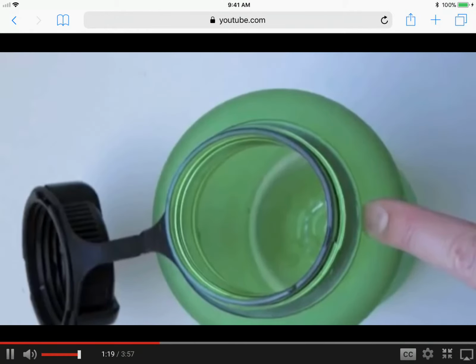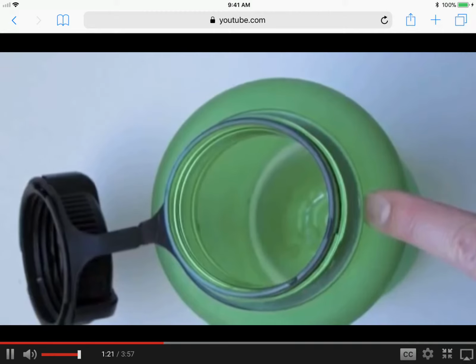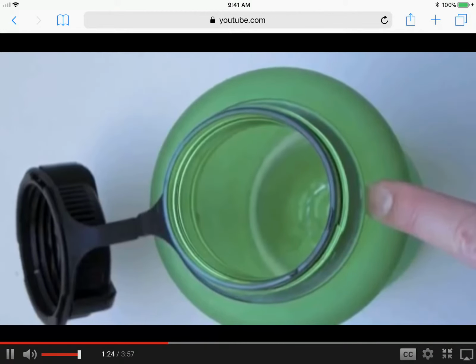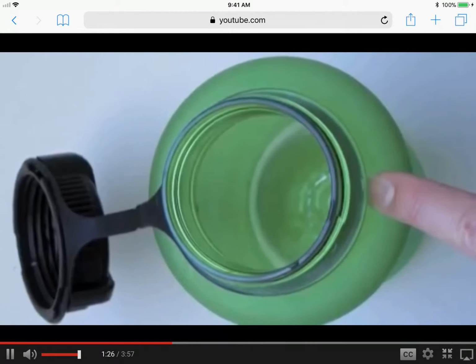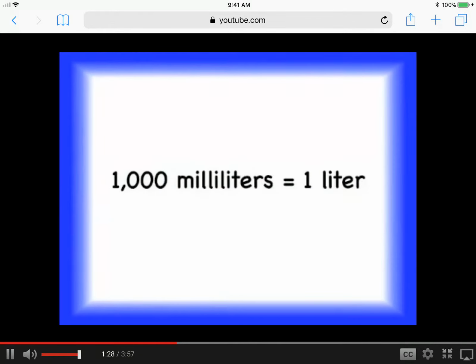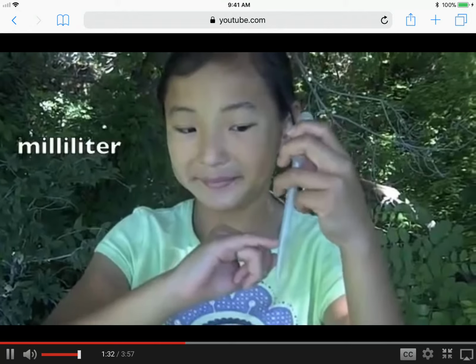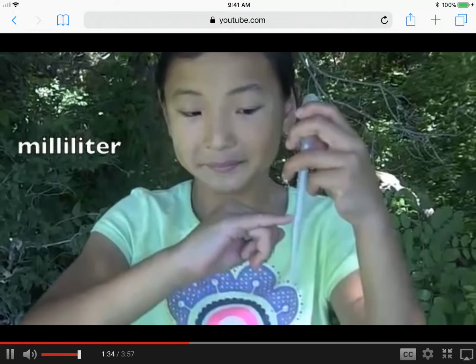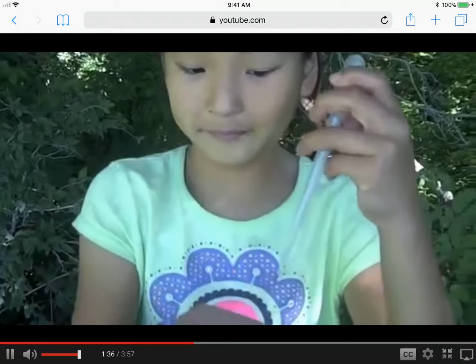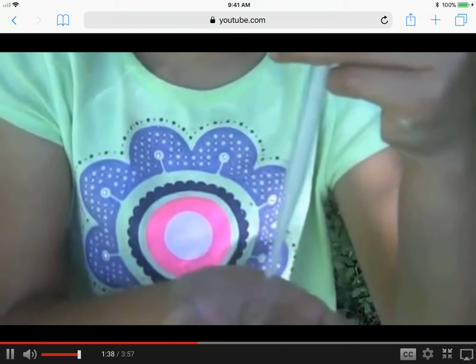If you divided the space inside a liter into 1,000 smaller spaces, you would get the size of a milliliter. So, 1,000 milliliters equals 1 liter. A milliliter is the amount of water this pipette holds up to the 1 milliliter line. 1 milliliter is about this much water.